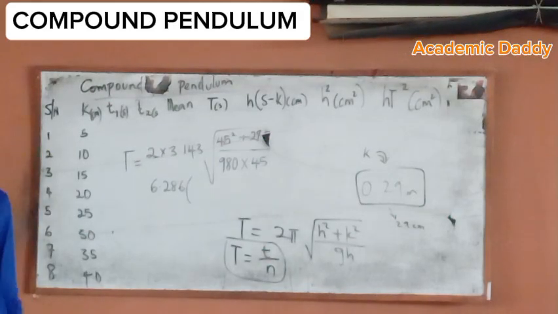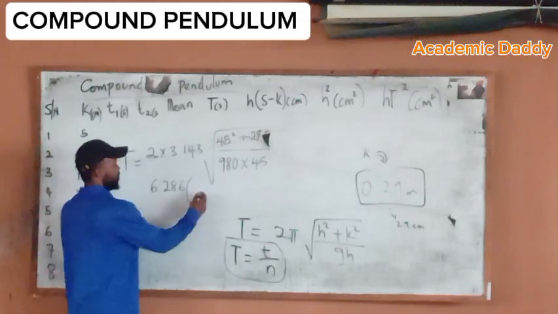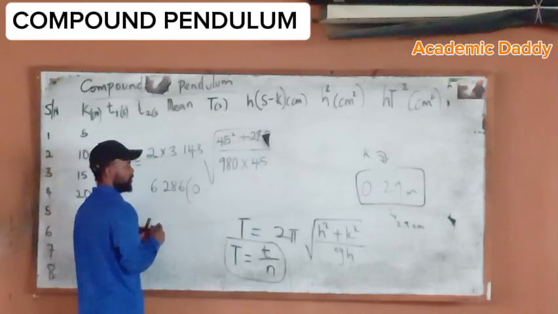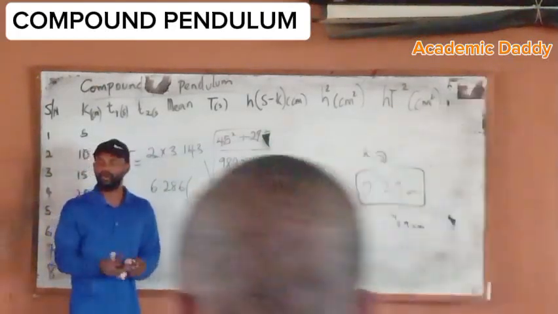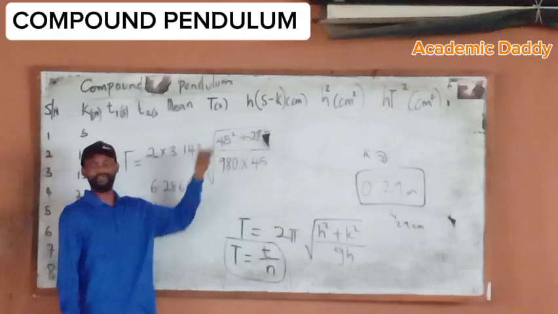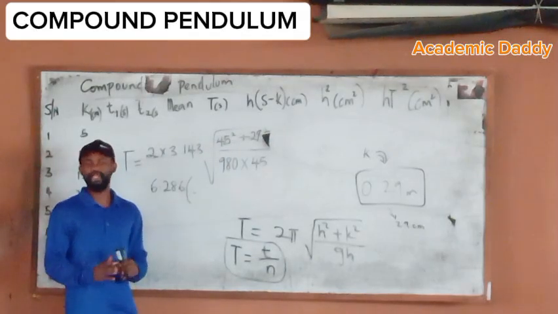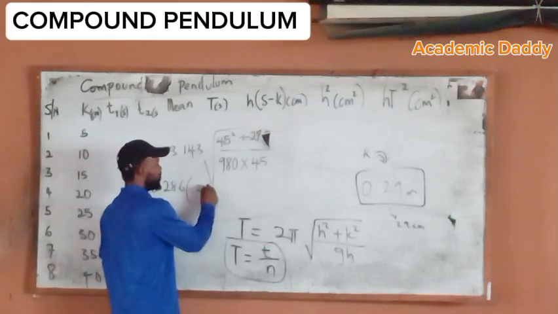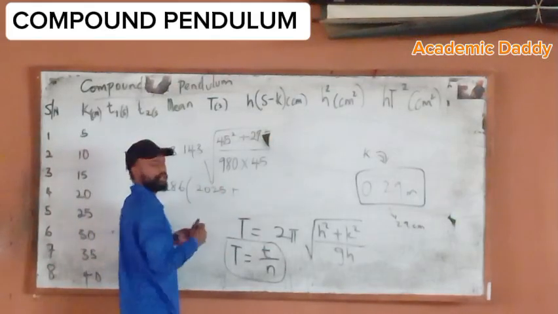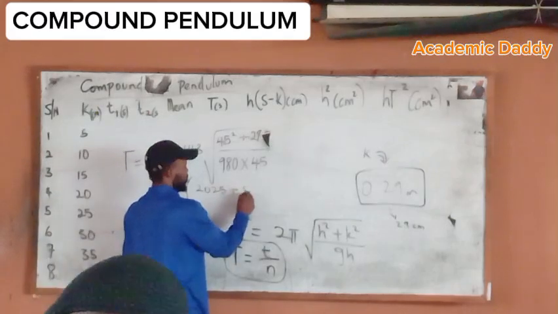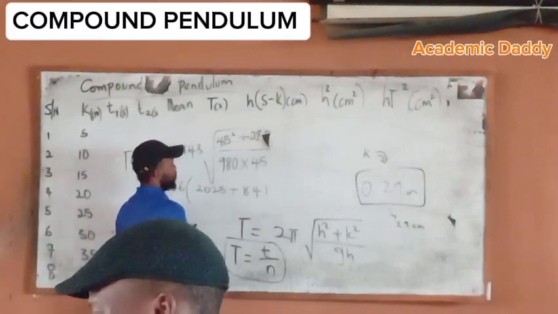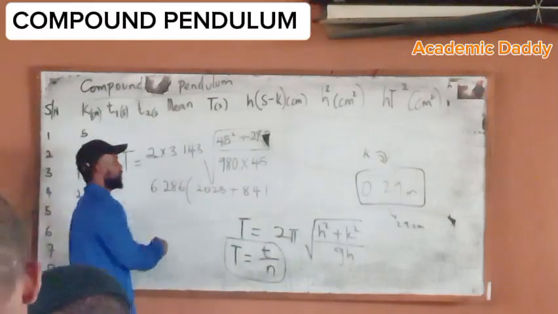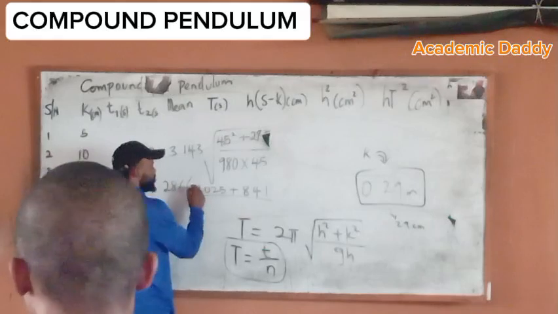But see, you put 45 square. 45 square is what? 2025. But 29 square is 841. Now 980 times 45.